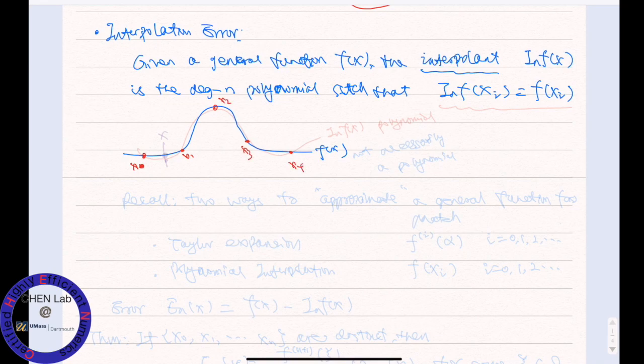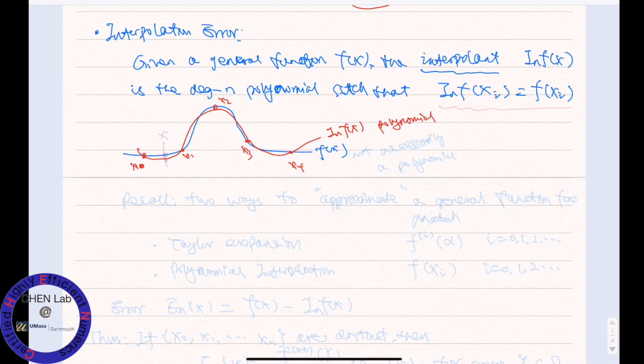Its interpolant is a polynomial. This is an interpolant. This is a polynomial, right?